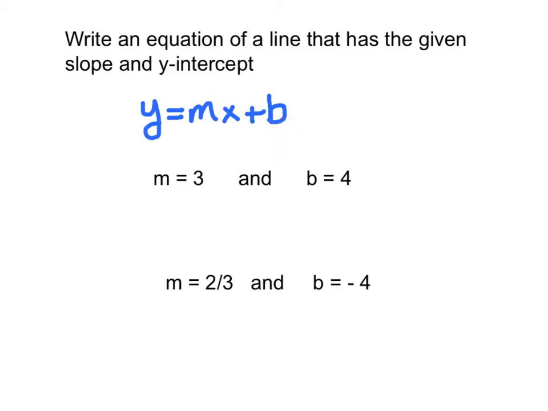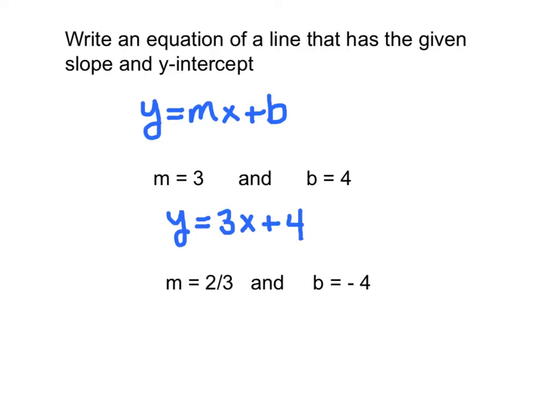If we're given that our slope is equal to 3 and our y-intercept is equal to 4, we're going to use that formula and plug right in and say our line is y is equal to our slope 3 times our independent variable x plus our y-intercept 4.